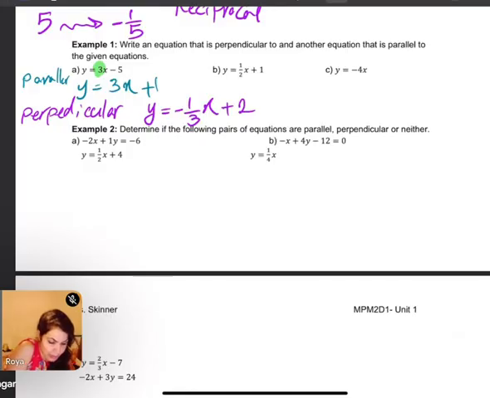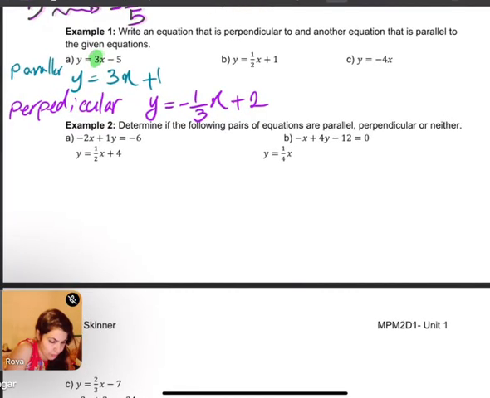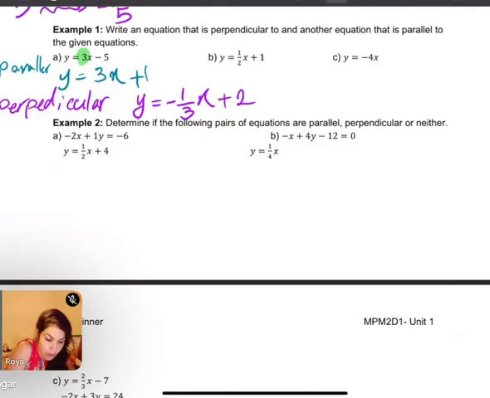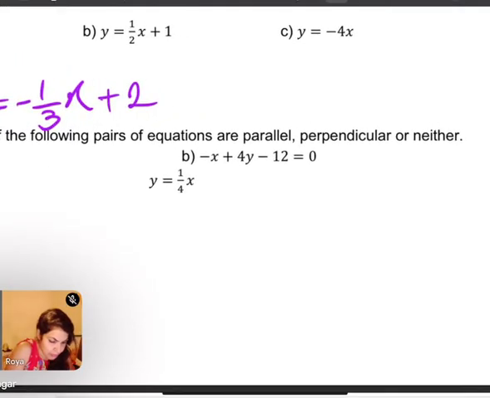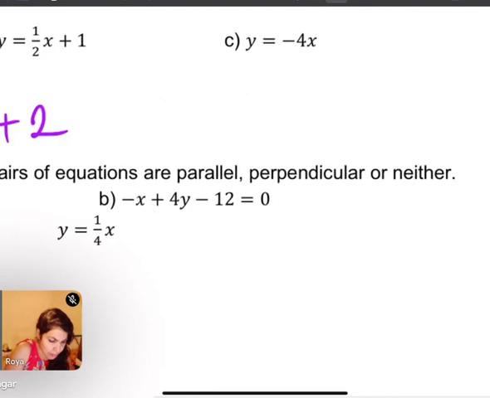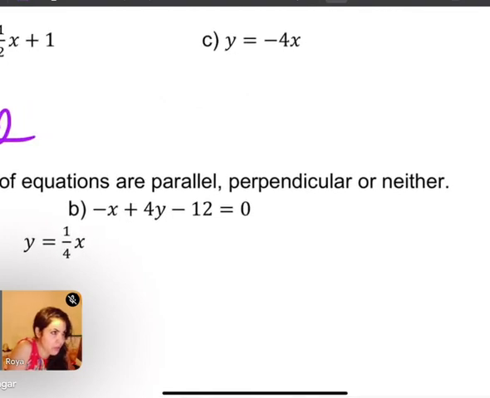For the last one, y equals negative 4x. It means that you have an invisible 0 here.